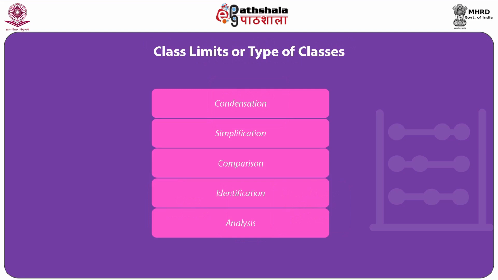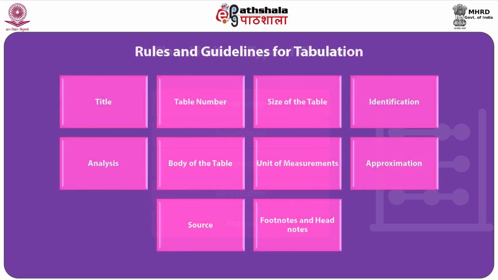Next one is identification, that is, to give distinct identity of data highlighting its name, similarities and the dissimilarities existing in the data. And lastly, the analysis, that is, as noted in the case of classification, the tabulation also forms the basis for analysis.